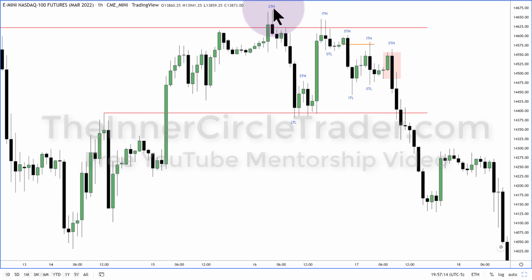Should it be broken to the upside, that means that my daily analysis, expecting this level here to hold price and to be a factor in the algorithm repricing and going lower at a later time, if it goes above that, then I'm probably wrong in my analysis. So therefore, I demand more information by studying more price action and sitting on my hands.